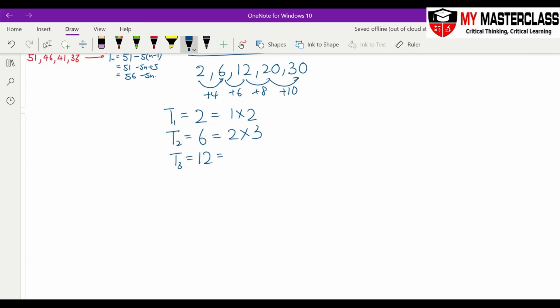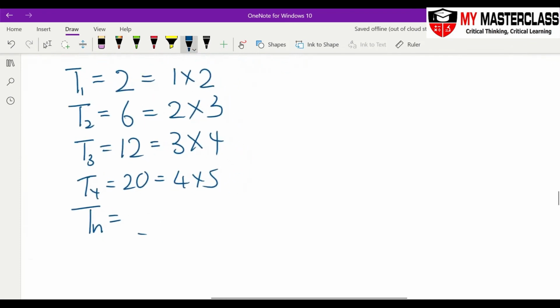So the next one, what do you think it is? 3 times 4. If you use 2 times 6, you'll be lost. Then the next one, what do you think? 4 times 5. Can see already? So if T4 is 4 times 5, T5 is going to be 5 times 6, right? So Jerica, Tn is equals to what times what? Well done.